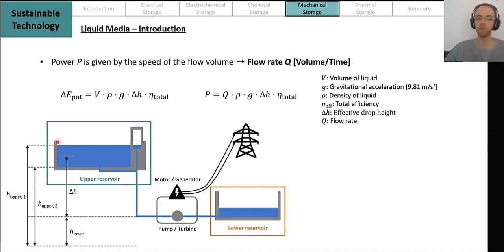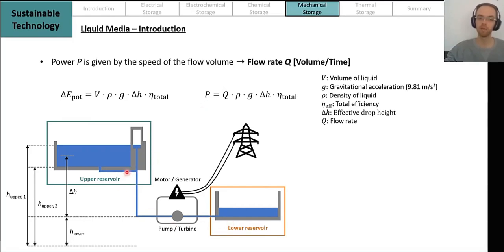So if we have an upper reservoir which has double the size, then it has double the storage volume. So we can store twice as much energy in there. And if we flow this down, this takes a certain time. And this is what the power will express. Basically, how fast can we empty our upper reservoir?